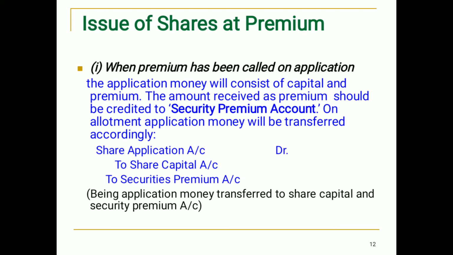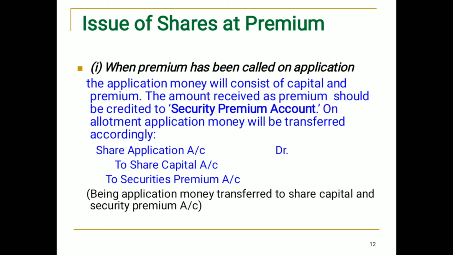Okay, so the question arises about the additional amount. In the 10 rupee example that we have been considering, the price of the share is rupees 10 and it is issued for rupees 12. Understand, 10 rupees is the face value, 2 rupees is the amount of premium.